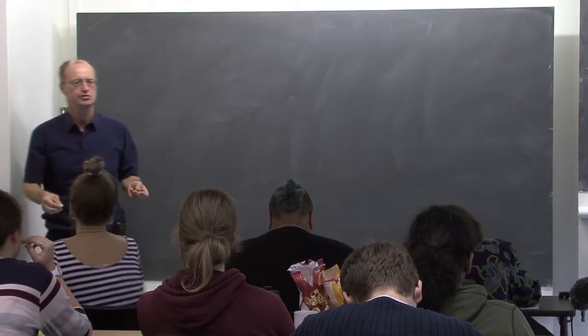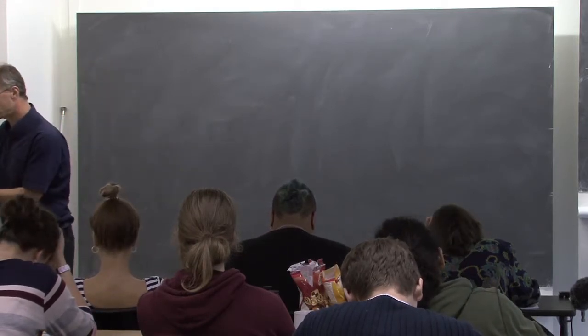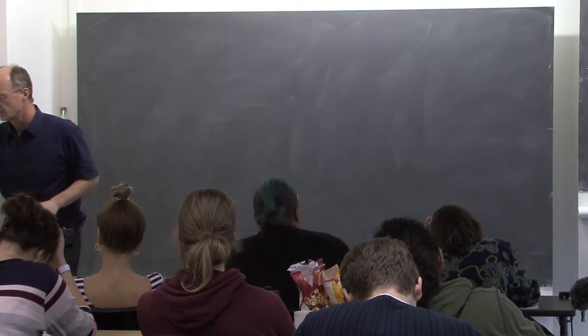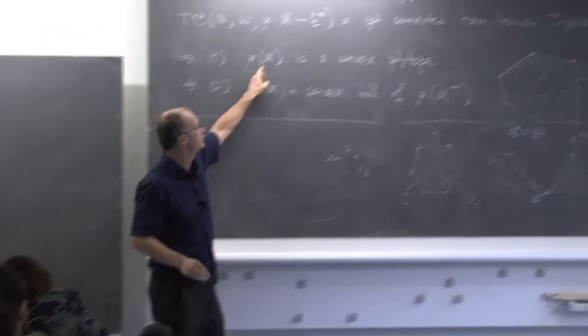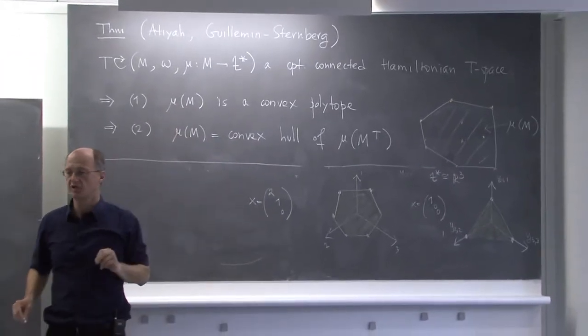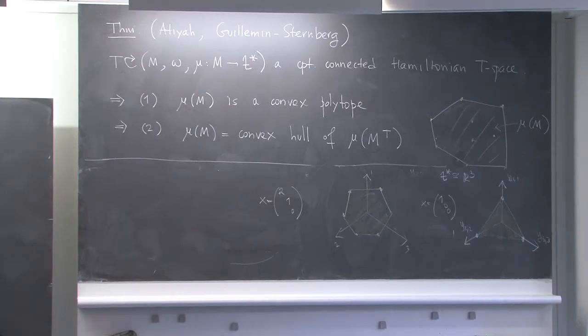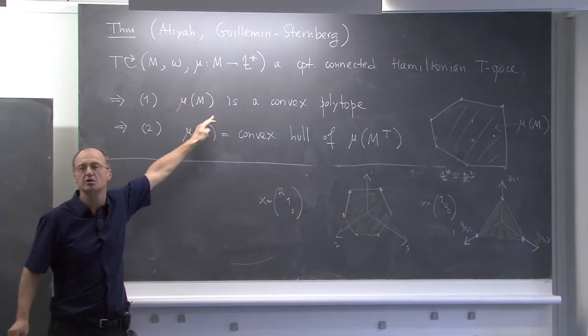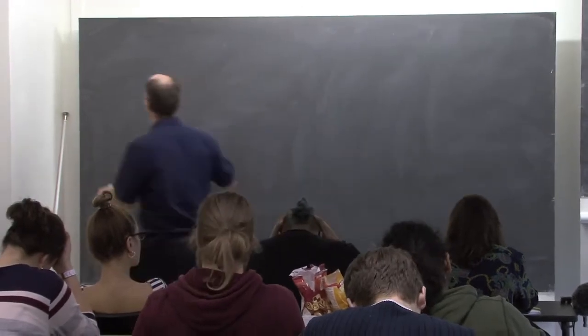Or maybe you should catch me. Right. So we want to know how the image of the moment map looks like. And we start with the local considerations. So we want to know how the moment map looks locally, and then we'll know something about the image.